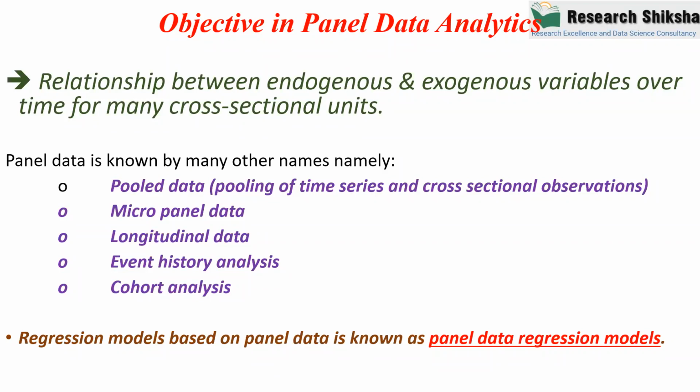Can you say that all the companies have the same features? No. So you have to include some control variables in the models, like firm size or the age of the firm, to find the exact relationship between the exogenous variable and the endogenous variable.